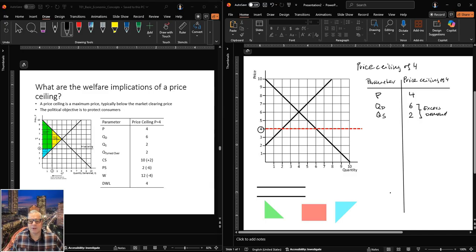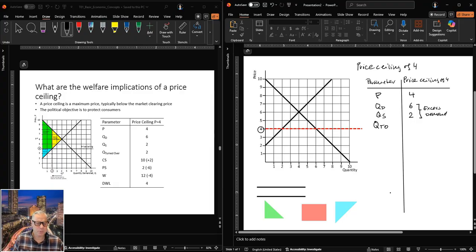Okay, but now if 6 are being demanded but only 2 are being supplied, what is the actual quantity turned over? Quantity, I call it TO, the quantity turned over. How much economic activity is actually being generated? Well, the answer is only 2.